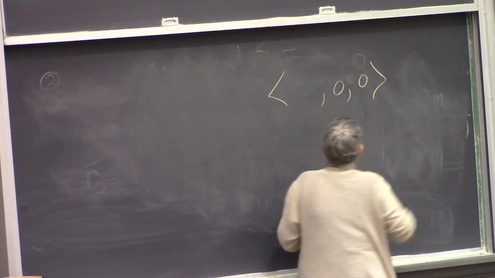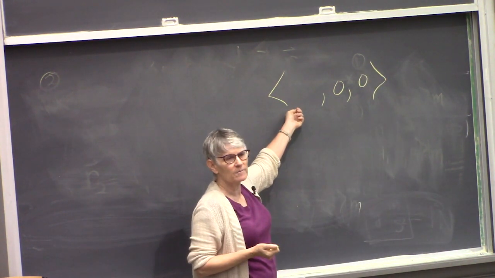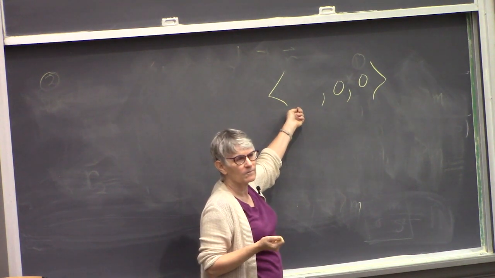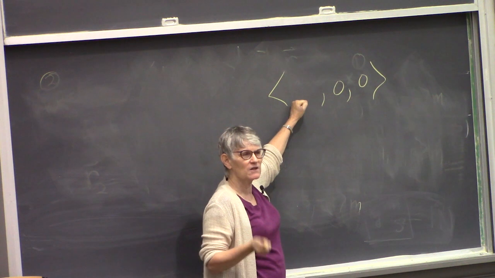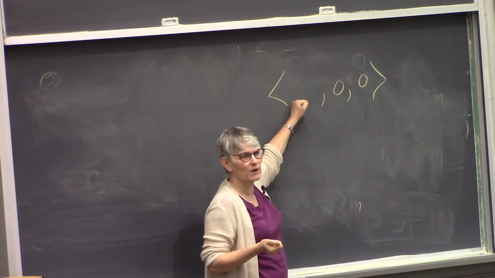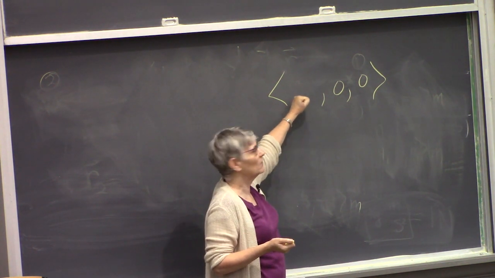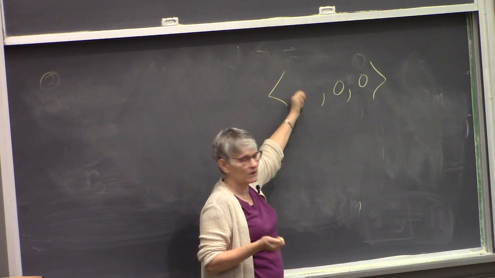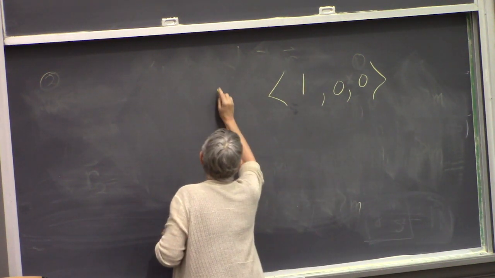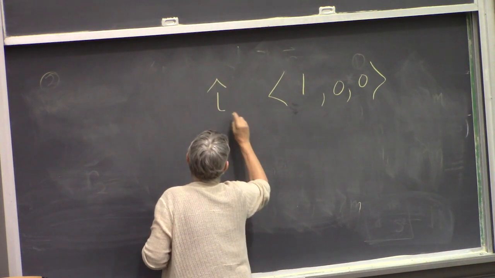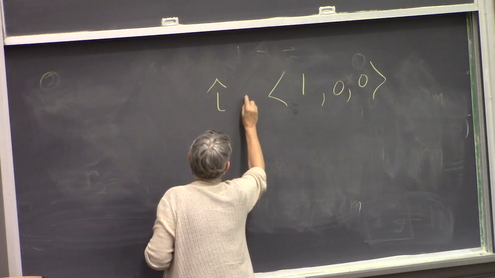And what do we have to do to make the magnitude of this thing 1? When we square all the components and take their square root, it better come out to 1. So what does this number need to be? It needs to be 1. Okay, so that's a unit vector along the x-axis, and it has a special name, it's called i hat.